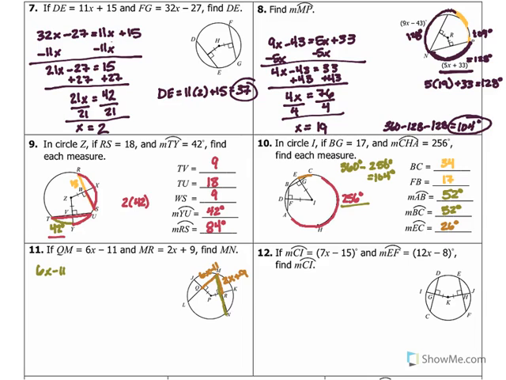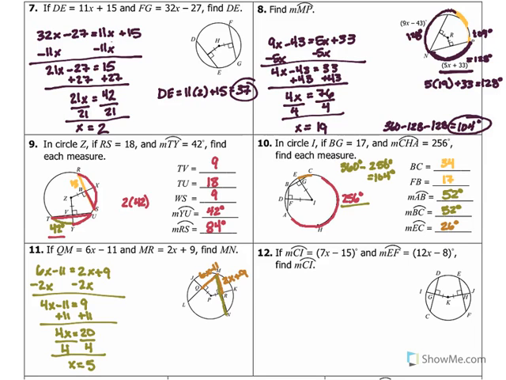So we have 6x minus 11 equals 2x plus 9. Let's subtract 2x first. And then let's add 11. And divide by 4. So we get x equals 5.